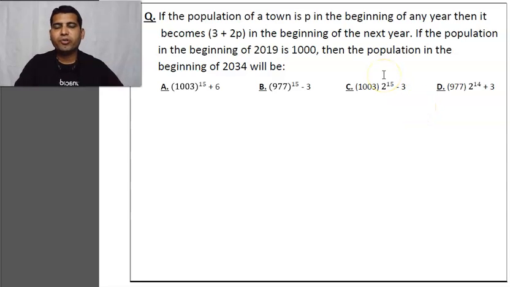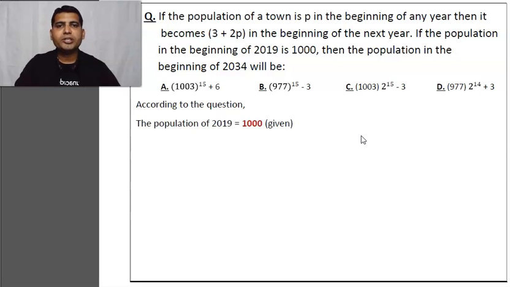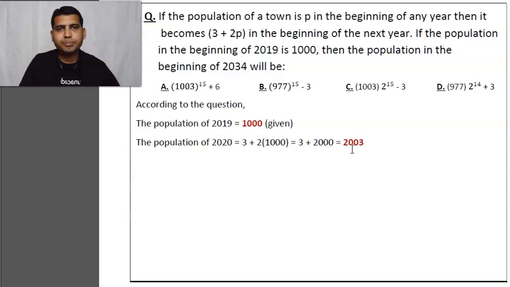So friends, before proceeding directly to the solution of this question, let me try to explain one thing over here. According to the question, we have been given the population of year 2019 as 1000. If the population of any town is P in the beginning, then in the next year the population will be in the form 3 plus 2P.